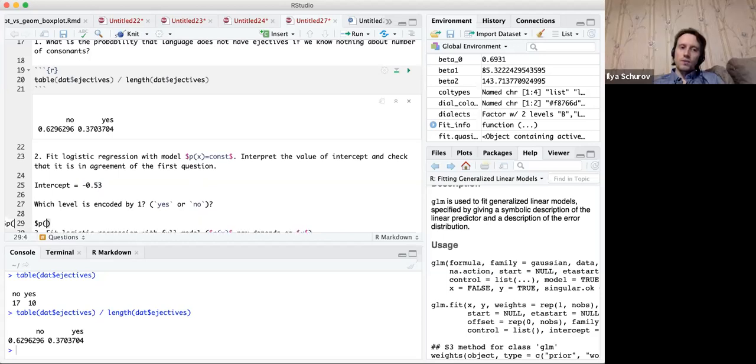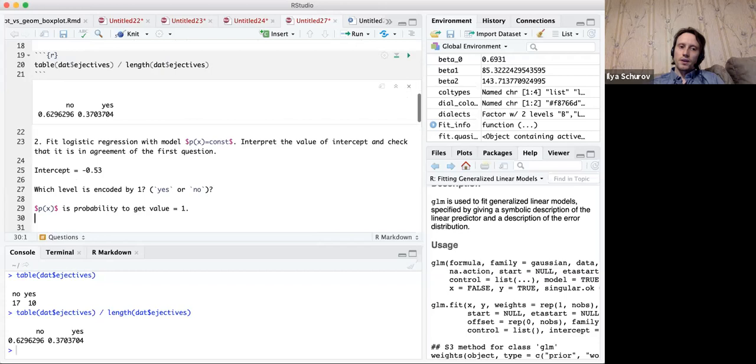Look, we have the function p of x, which is the probability to get value 1. And we see that the logarithm of p of x over 1 minus p of x equals beta naught. And beta naught, as you say, here is negative.